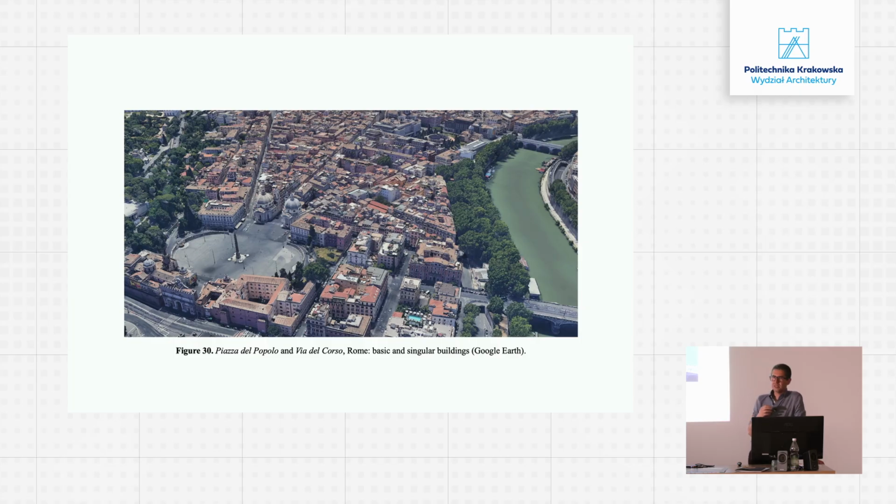And our Italian colleagues suggested that one interesting way to understand the buildings that make my city is by using the concept of type. So when we walk through a street like Via del Corso, we will not find a type. A type is something that is abstract, it does not exist.